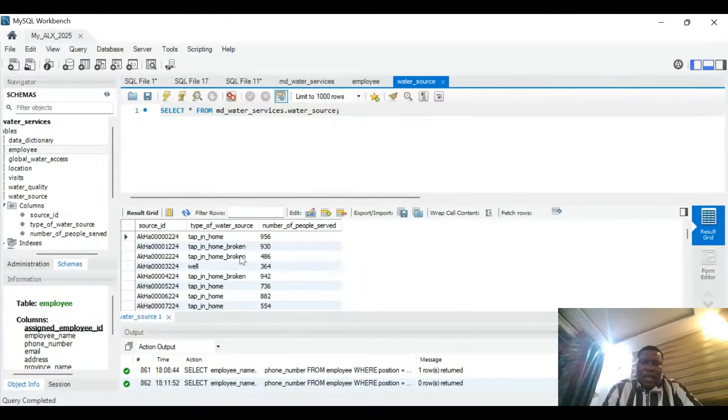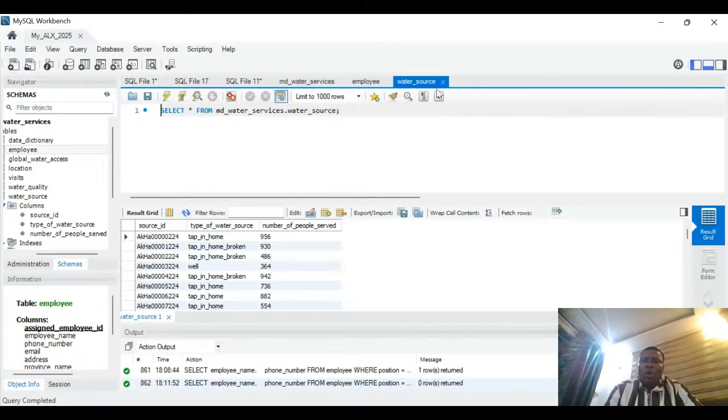This is what we have here. Under the water source and the various IDs, they have various figures allocated to some of them. For instance, tap in home here and tap in home there share different IDs and have different numbers as well.